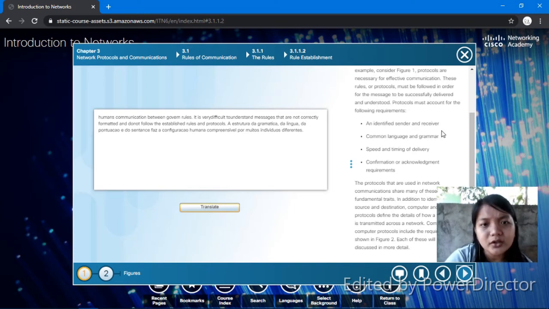The sender should identify the receiver, and the receiver should identify the sender. For example, we call the person that we want to give a message to. Then common language and grammar. The language is very important. You need to have one language only for you to easily understand each other.